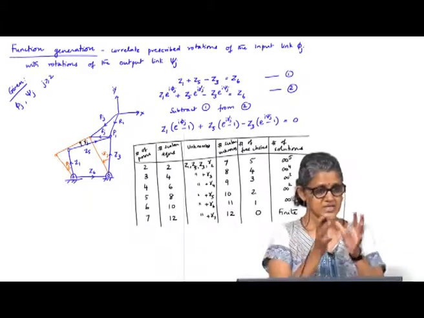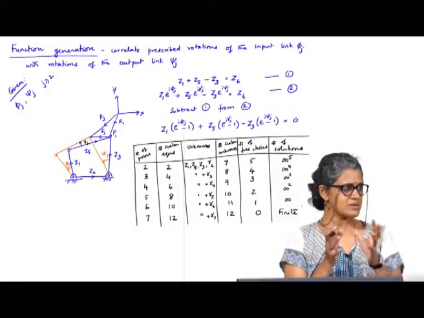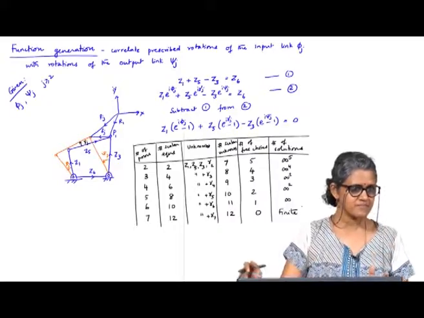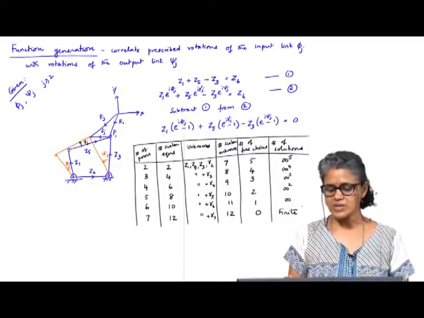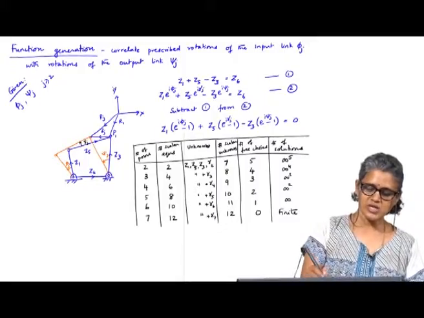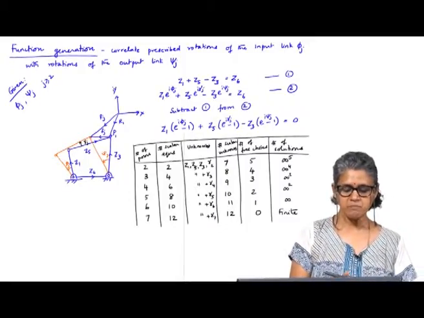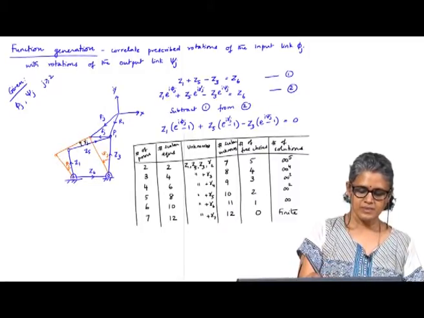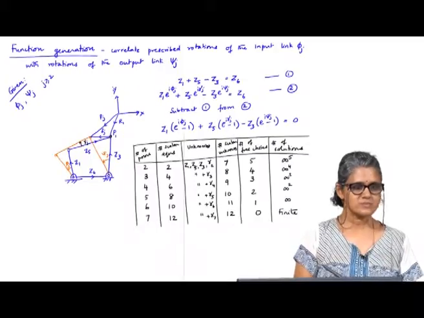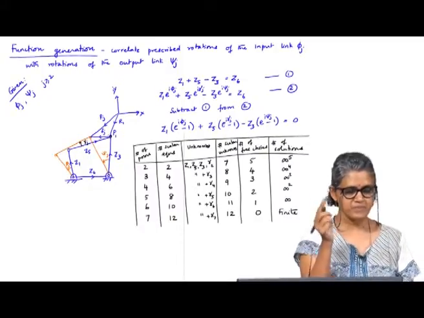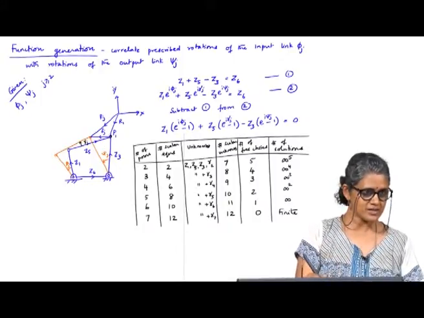Okay. But this again is for the whole mechanism you are looking at for the function generation, you do not split it into the 2 dyads. You are looking at the mechanism as a whole. You can also think of the function generation problem as a special case of the path generation problem, where the path point is the point P1 here on this output link.